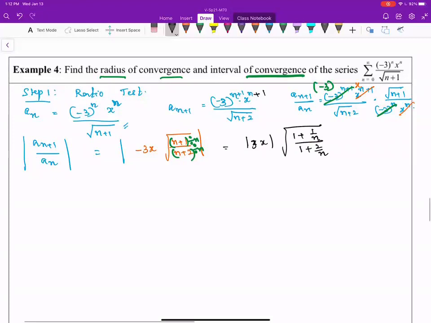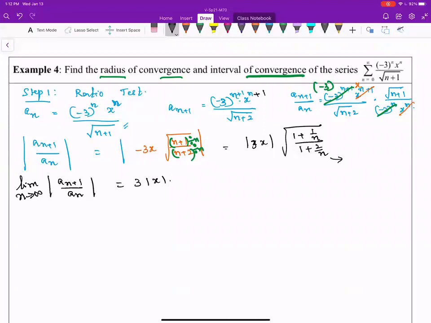So this limit as n approaches infinity of absolute a_(n+1) over a_n becomes, when you take the limit, 1 over n and 2 over n tend to 0. So it is just 3 times absolute x. This is the limit for the ratio test.